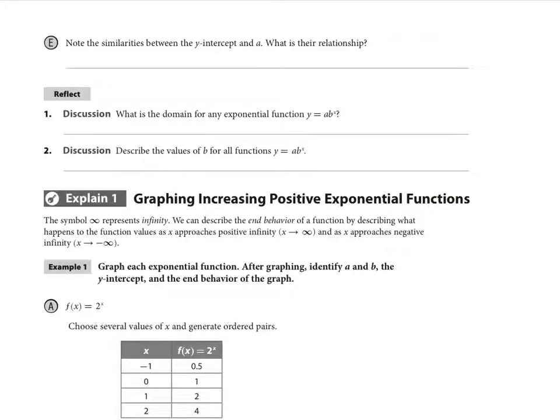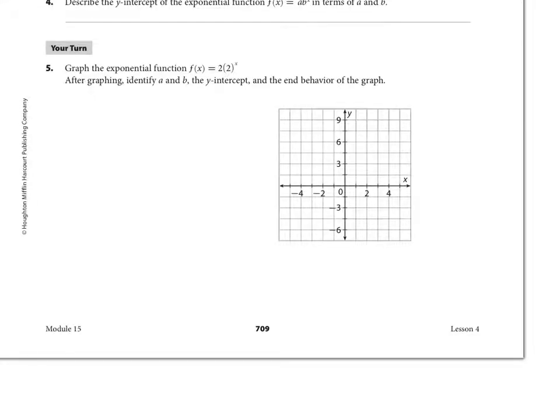So the main gist of this lesson is graphing exponentials. Here it wants us to graph this one, and it has us identify our A. So A here is 2, B is also 2, so there's our A, and here's our B. And to graph, what you can do here is just type this function in the calculator under y equals, go to your table, and I've selected 5 values, and I'm going to use the same values all throughout this lesson.